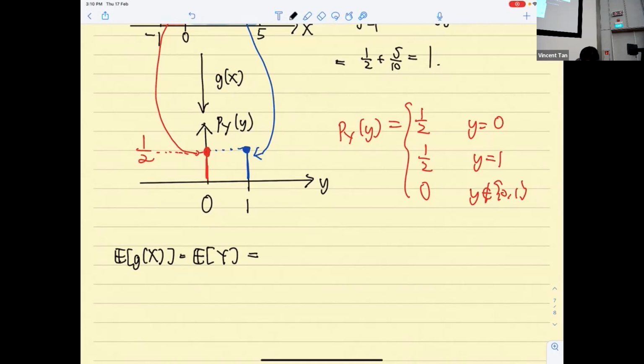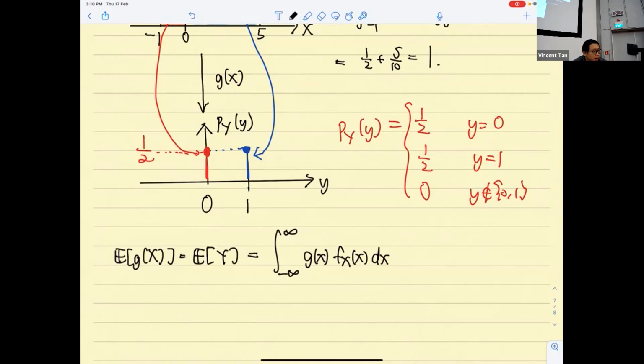But we don't have to do this. This is too laborious. We can go directly to the density of x and integrate against g of x, like this. The fact that this is the same as if I go and find the density of y and use the expectation value of y, the fact that this is equal to this formula requires a small proof that I will not do.